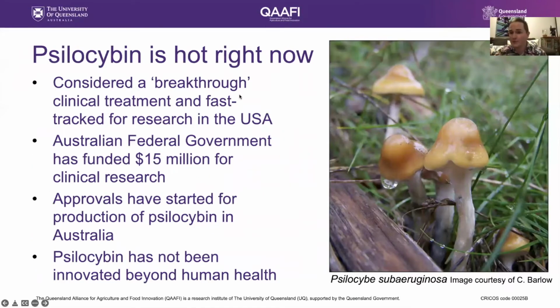Now, if you don't know what I'm talking about by magic mushrooms, you may have been selected as an Elon Musk participant and have been living on Mars. Kudos. If you open up any newspaper at any random time of the month, there's probably a story in there about psilocybin and its breakthrough treatments and promise for mental health, PTSD, palliative care, all sorts of things.